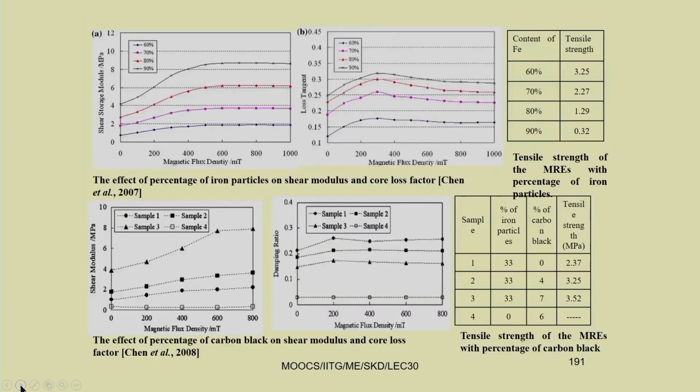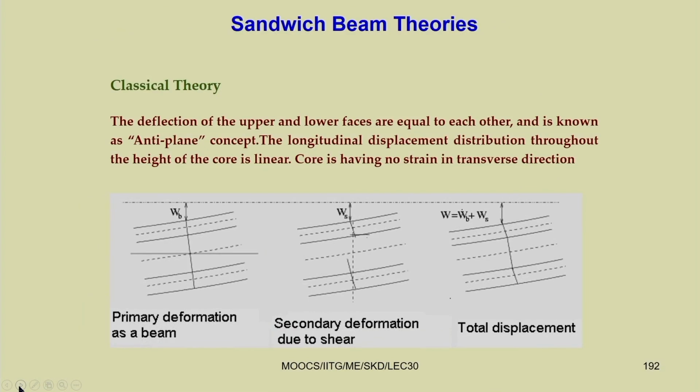By changing this shear storage modulus and also the loss factor, we can control the sandwich beam and make it a smart material. Here we can use different percentages of iron particles and different percentages of carbon black, change the material properties and develop our own sandwich structure.